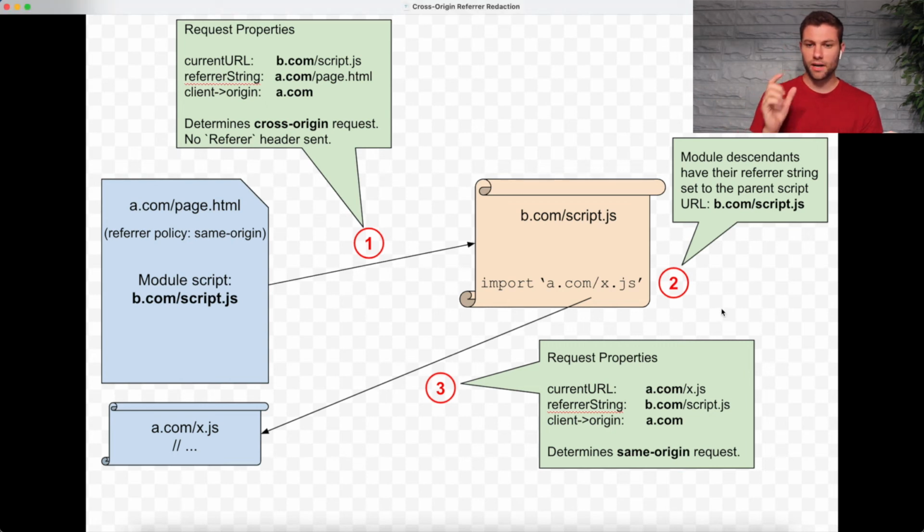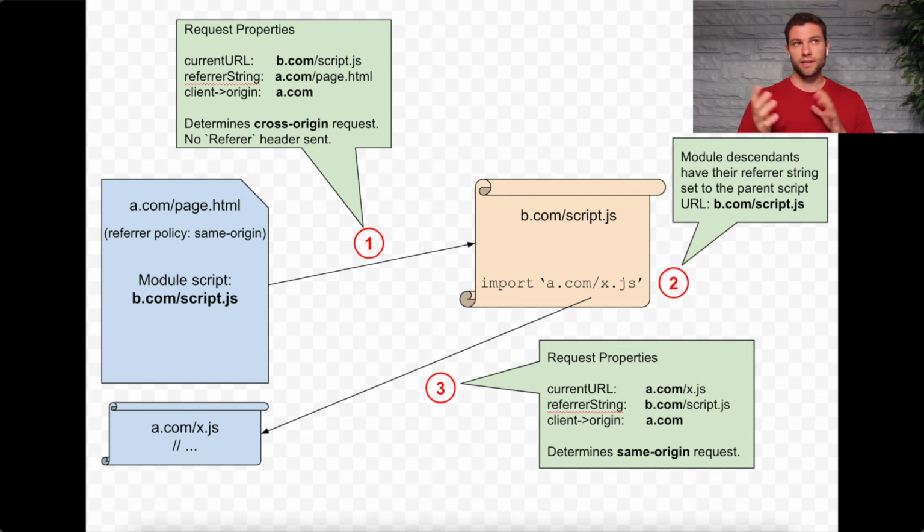But if this module script fetches another module script, then we run into some sneaky logic in the HTML standard, where we see here in bubble number 2, module descendants actually have their refer string set to the parent module script's URL, or what's called the base URL in the spec.